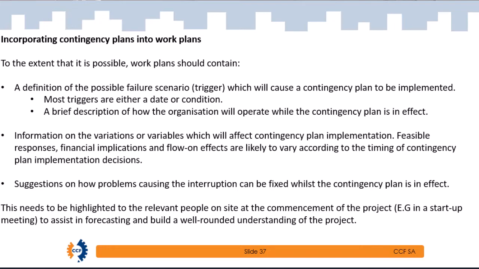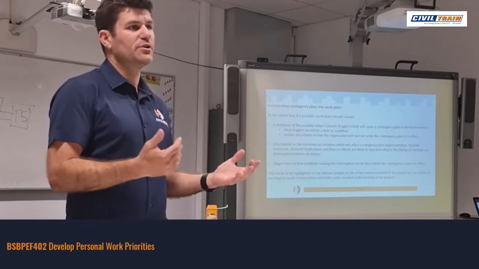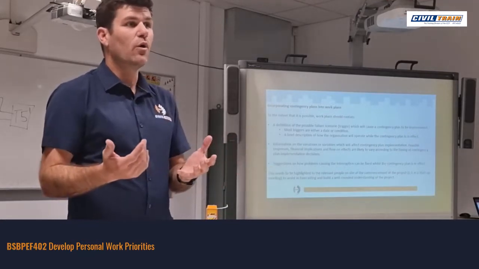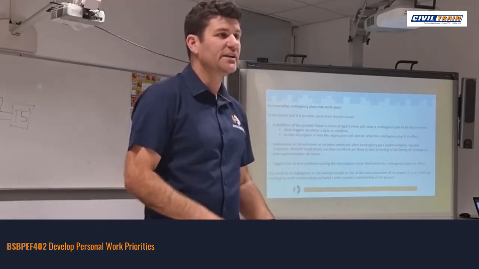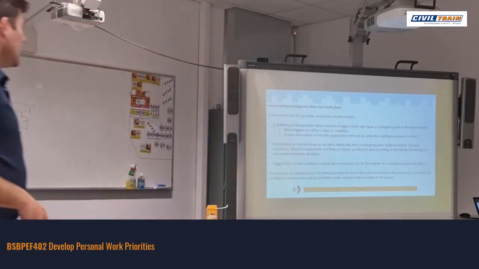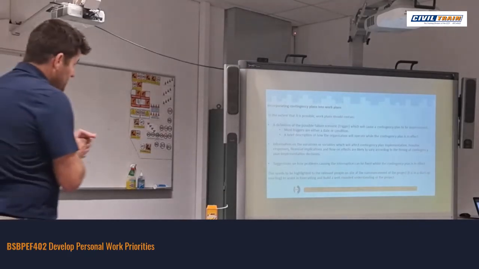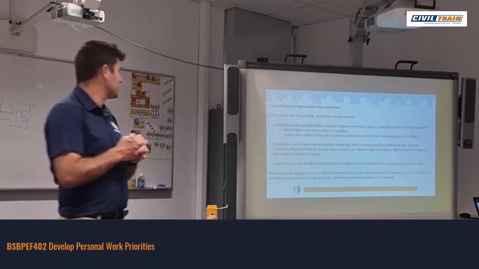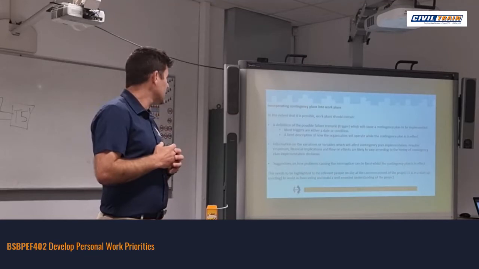So as you said, if the staff member doesn't rock up, you would have a process in acquiring potentially a new person, or you might just have to change your work activity for that day to counteract that loss of that skill set. Information on variation of variables will affect the contingency plan implementation. Obviously there's going to be financial implications and flow-on effects from that contingency plan.